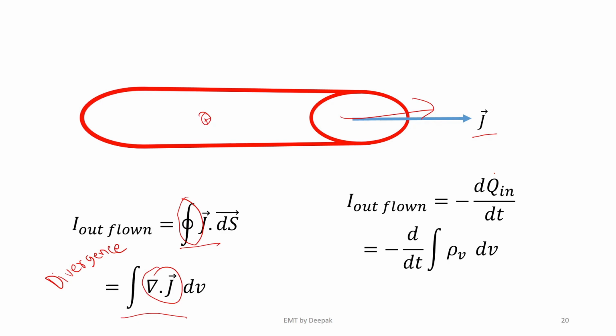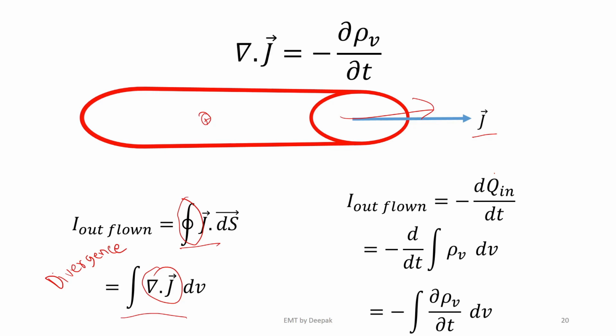Upon comparison, I come to the conclusion that the divergence of the current density is the negative rate of change in the charge concentration. This is called the continuity equation.